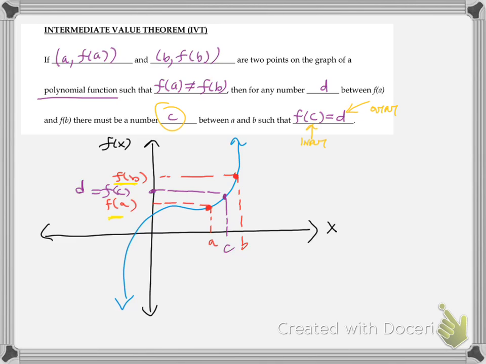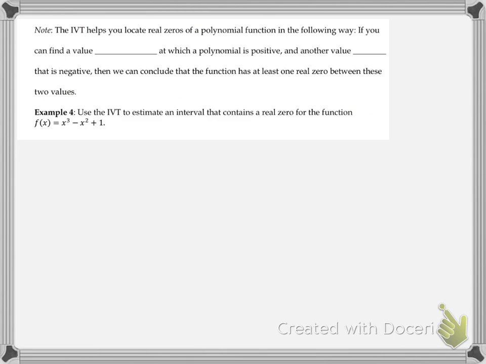Now let's see how to actually apply it to what we've been talking about in our class. Note that the intermediate value theorem can help you locate the real zeros of a polynomial function in the following way, and this is how it's going to be helpful to us.